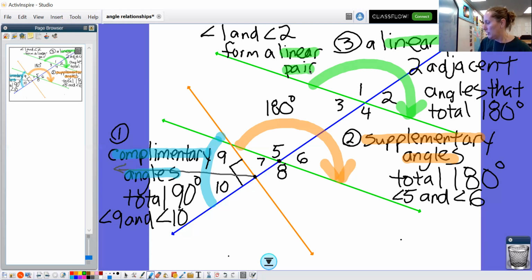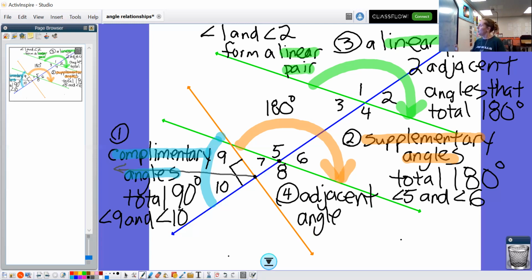One more. Now, I know we already talked about what an adjacent angle is, but let's put our definition down here. Adjacent angles, and all of these pairs of angles that we talked about here were adjacent, okay? 9 and 10, they're adjacent. 5 and 6, they're adjacent. 1 and 2, they're adjacent.